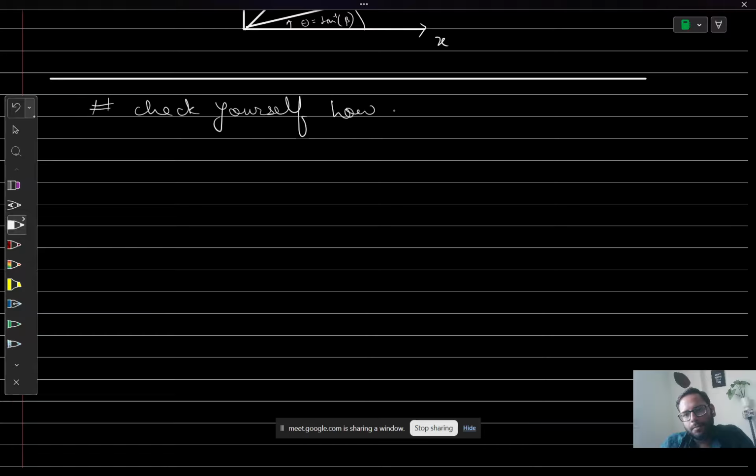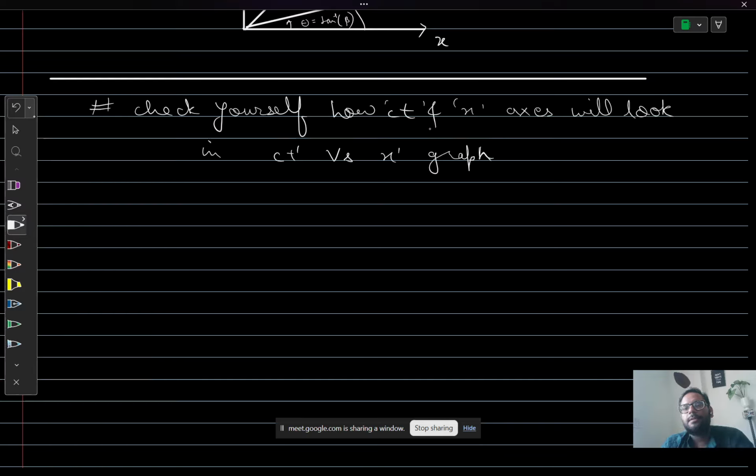Check how the ct and x axes will look in the ct x prime versus x prime graph.